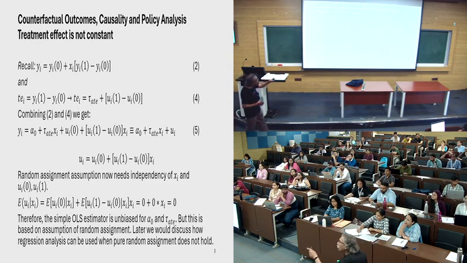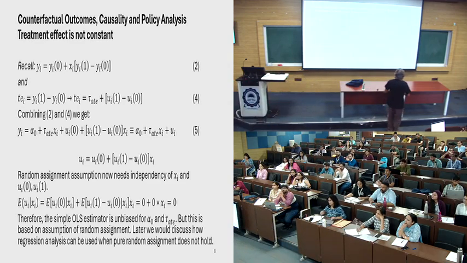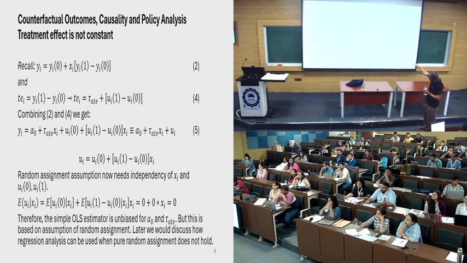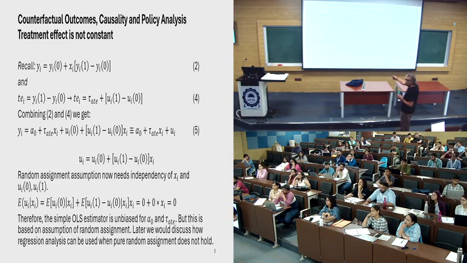Clear? So note, how do I think of my equation 5? The way to think about it, it has alpha_0 plus tau_ATE x_i plus u_i. What is my u_i now? u_i is going to be u_i0, that part over here, plus u_i1 minus u_i0 times my x_i.